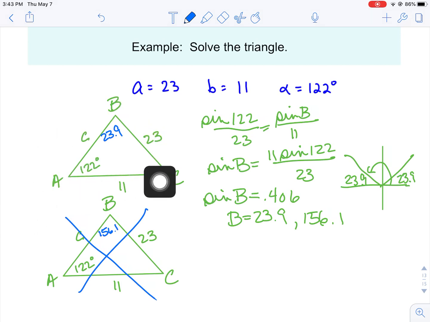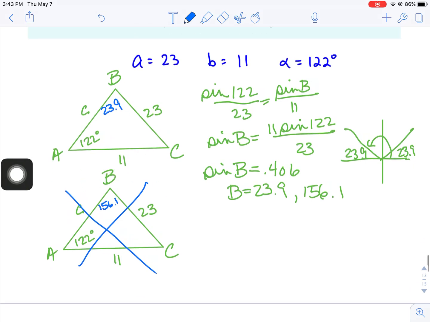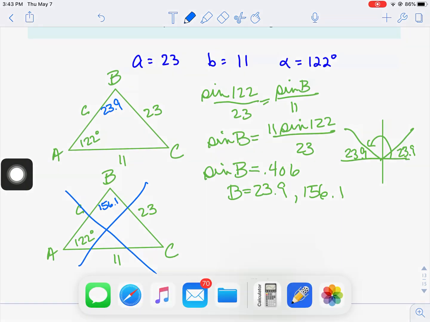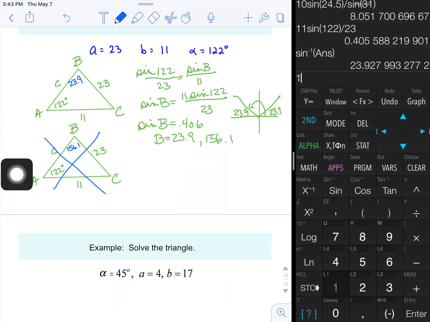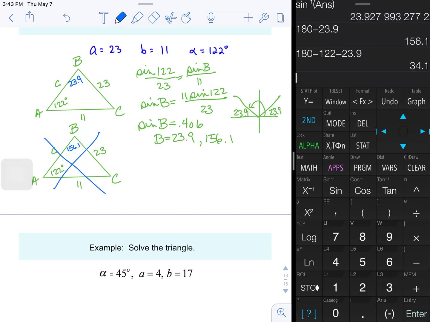Turning to my original triangle that I drew, I can find an angle C. So we'll do that by subtracting each of those angles from 180. So 180 minus 122 minus 23.9 is 34.1. Okay, so far so good.